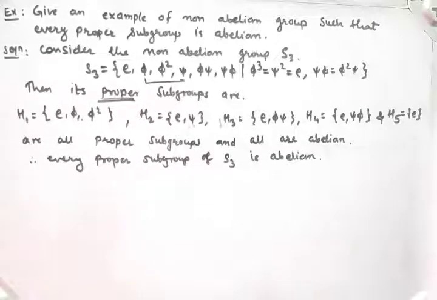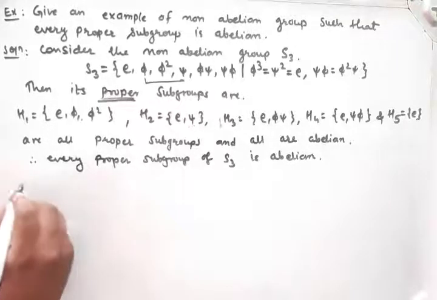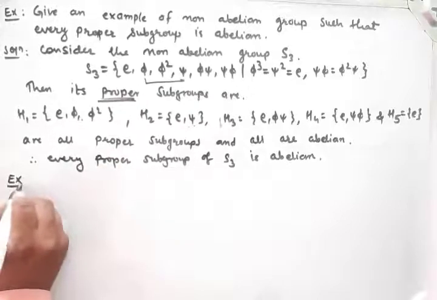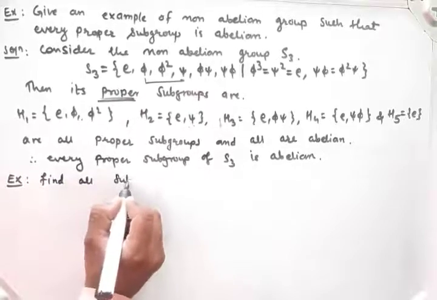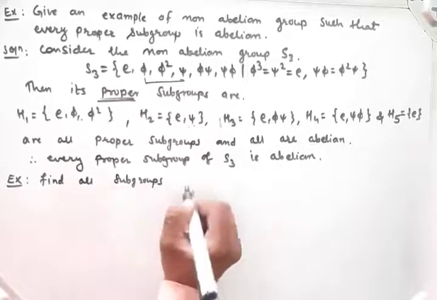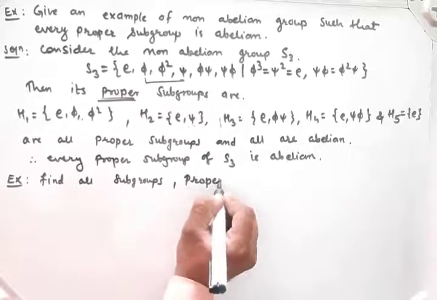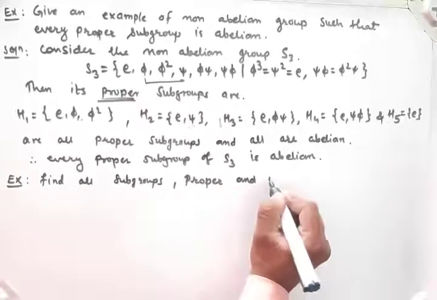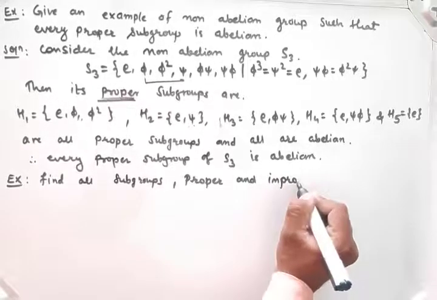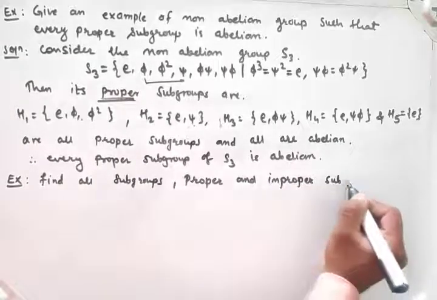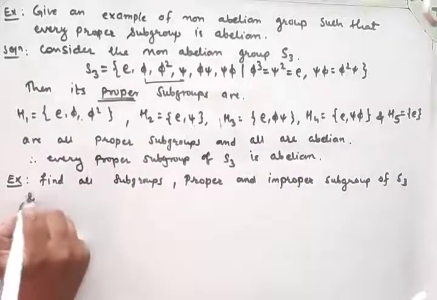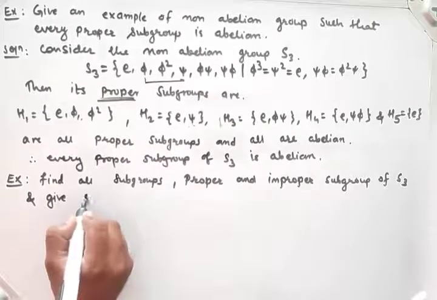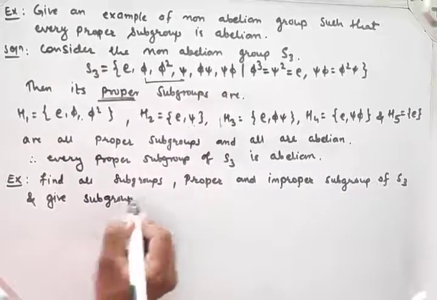Now, next, to find the subgroup diagram. Next question on the same example: find all subgroups, proper and improper, of S3 and give the subgroup diagram.